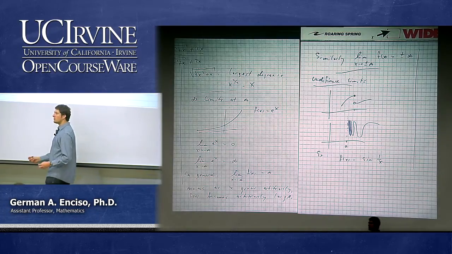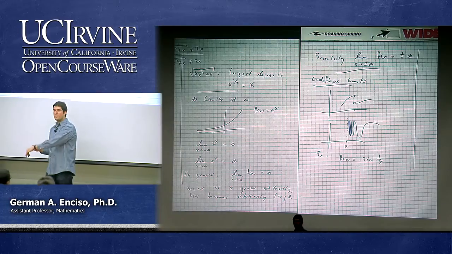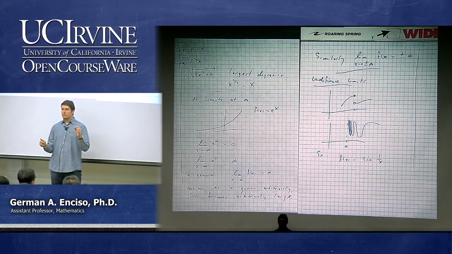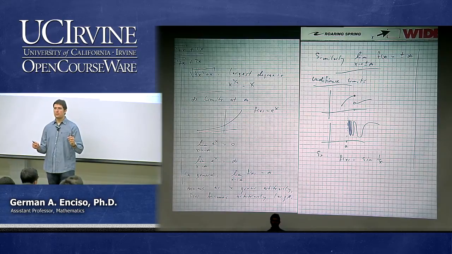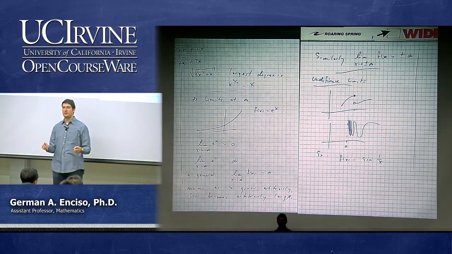Okay? So, you know that the sine function has a regular wavy pattern. As 1 over x becomes really, really large, the function starts moving up and down faster and faster.